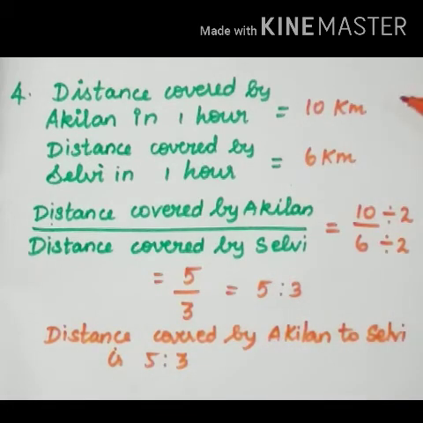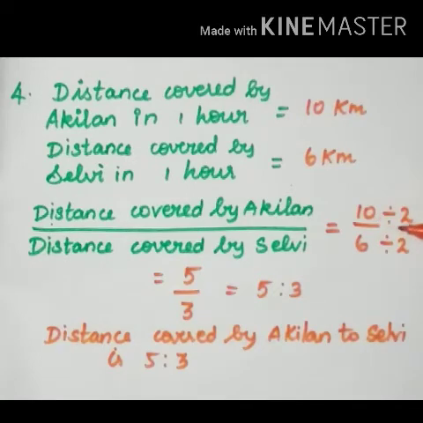First you have to write the statement. Distance covered by Akilan in 1 hour is 10 km. Distance covered by Selvi in 1 hour is 6 km. To find the simplest ratio, you have to write in the fraction form 10 by 6. Then you have to divide the quantity by its common multiples. 10 and 6 are divisible by 2.